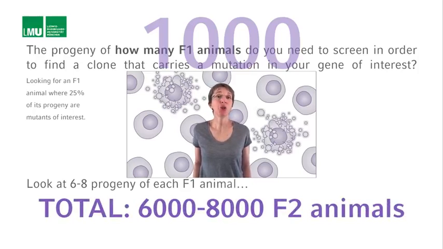And depending on your assay, screening 6,000 to 8,000 animals could easily be done in a day, or it could take you a couple of weeks or more. A good assay is key, as we will see in the next sections, because it allows you to screen more animals within a certain time period, and it can help you find what you're looking for.